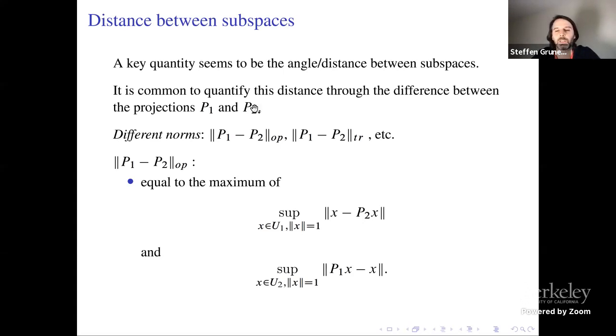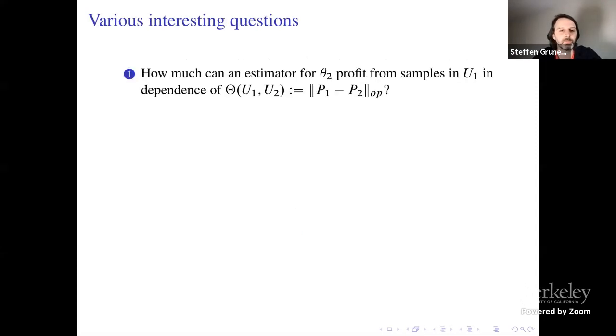This essentially says that you fix a point X in the unit ball in U1 and measure the distance from X to the projection of X onto U2. You take the maximum of that expression with the corresponding expression for a point in U2, and that gives you the operator norm of P1 minus P2, which is a kind of similarity measure between the corresponding subspaces and epochs.